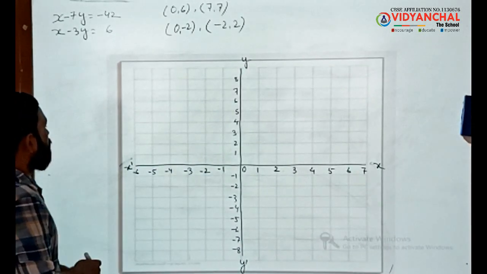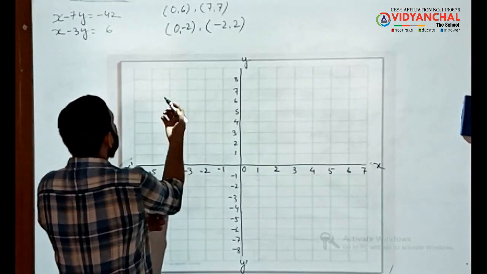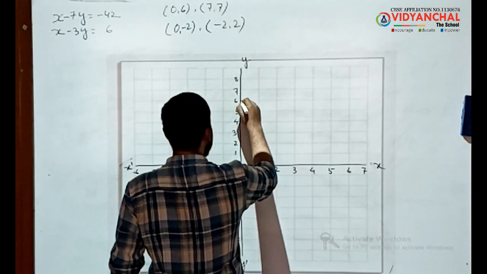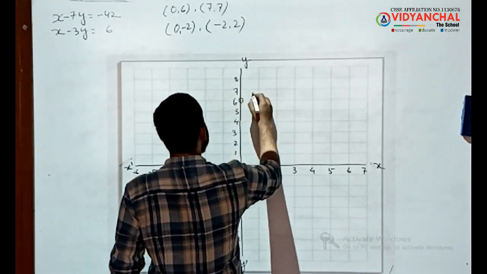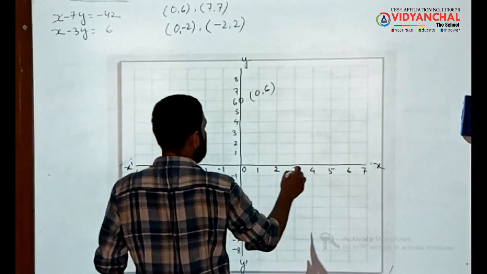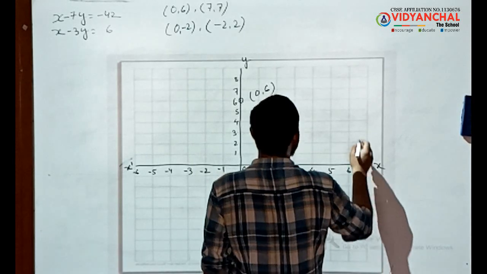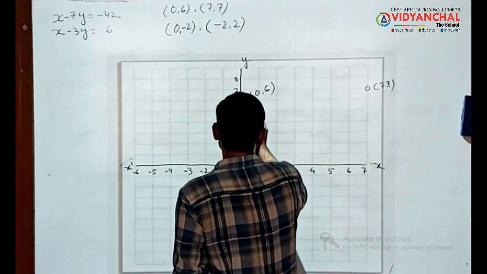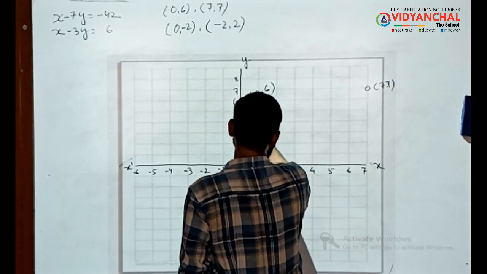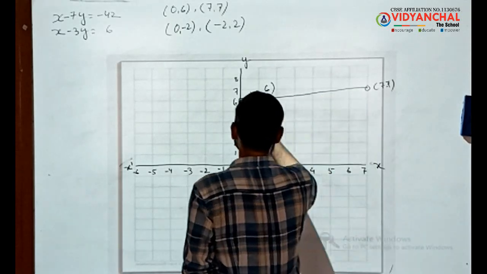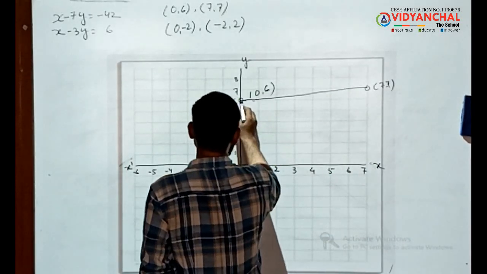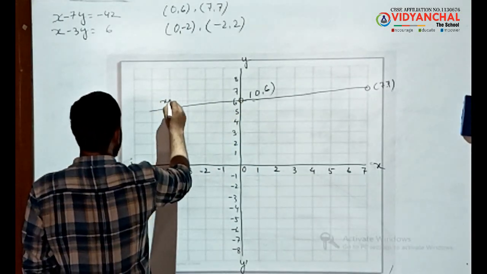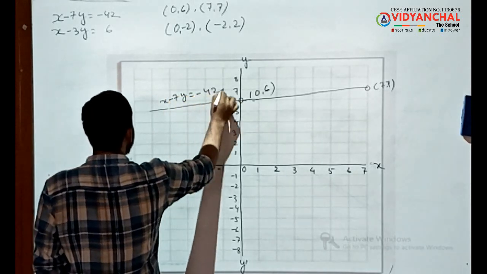X-axis, y-axis. First set of coordinates is 0, 6. This is the point 0, 6, and second is 7, 7. So this is our point 7, 7. Now we join this line, right? And this is the line for the equation x minus 7y equals minus 42.